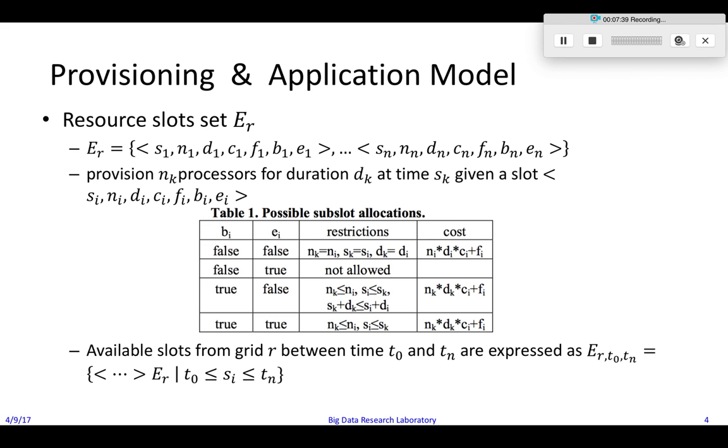Based on this logic, we can have some other slot allocations. Then, based on this formula of the resource slots, we can extend and have all the resource slots between the time t0 and tn. It means that we need to have the start time between t0 and tn.